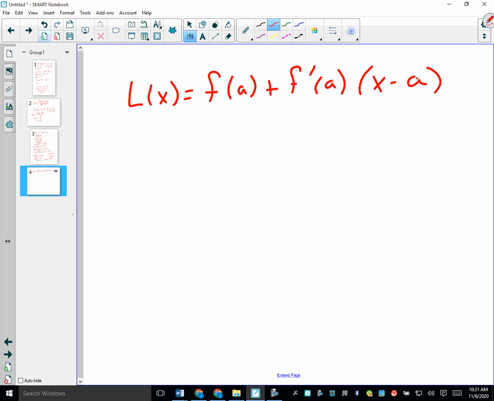So find the linearization of x at x equals a if f of x is x cubed minus 6x plus 4 at x equals negative 2.